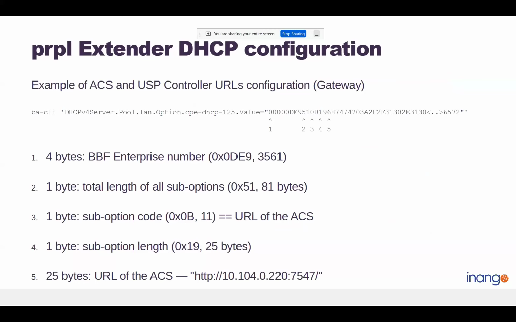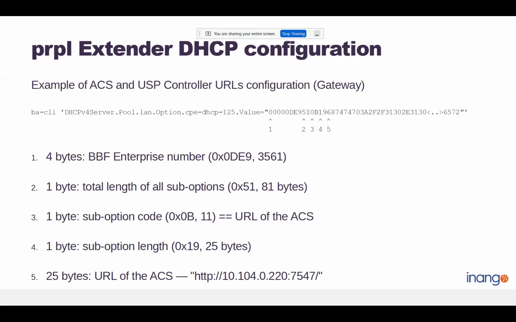This option and its value will be sent by DHCP server to DHCP client that requests it. The extender profile is already pre-configured to make such DHCP requests that ask for DHCP option 125.